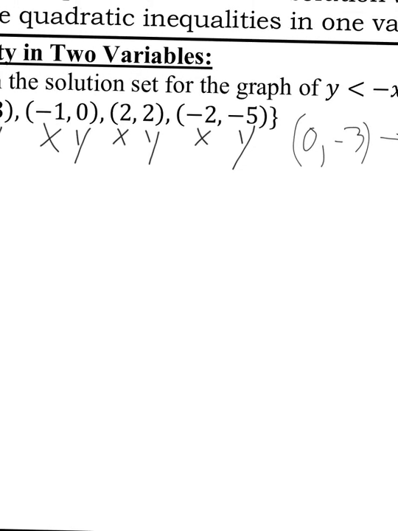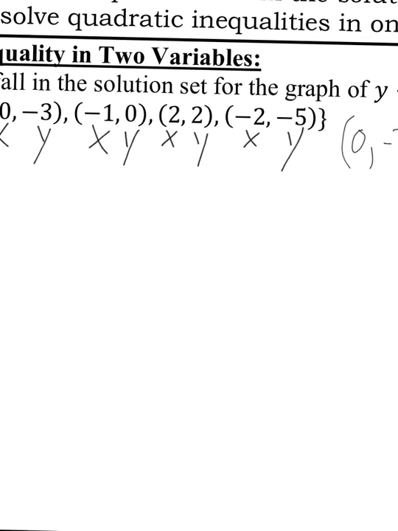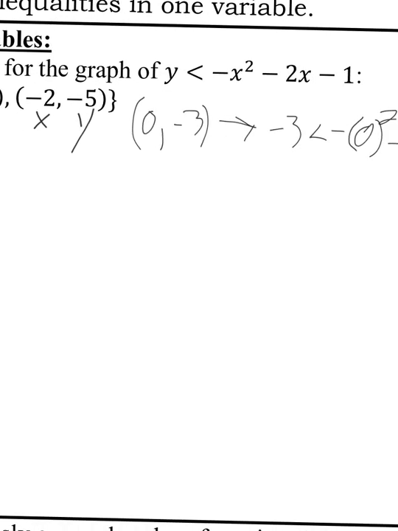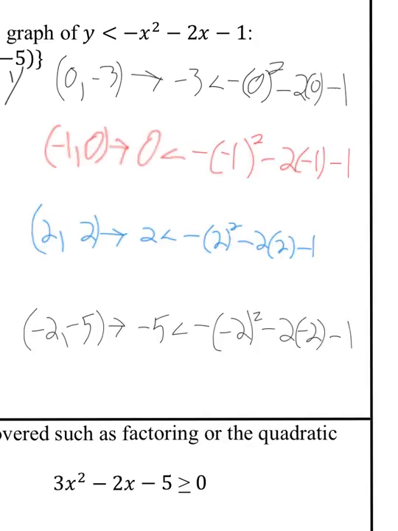So what I'm going to do right now is I'm just going to set up these other 3 points, and I'll just substitute them in just like I did with (0, -3). Okay, so here I have it all set up, and like I said, you can just type these into the calculator. If you hit control and then the equals sign on the calculator, it'll pull up a little menu of different symbols you can type in.